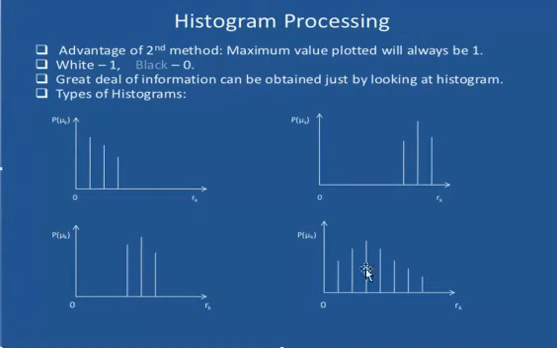Coming to the last one, if you observe the histogram of the particular image, the discrete lines are equally distributed. Not exactly equal, you can observe like this: here is a higher value, here is a lower value, but every intensity is involved in this histogram.